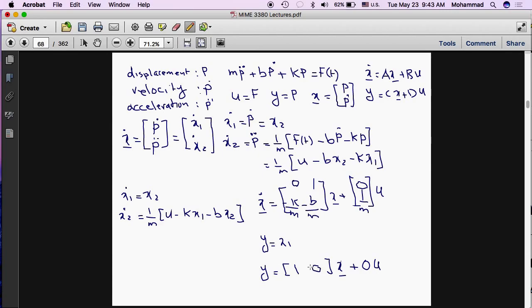One and 0. How about this scenario? If we wanted y to be equal to x2, which is the velocity, y would have been, instead of 1, 0, would have been 0, 1 times x plus 0, u.